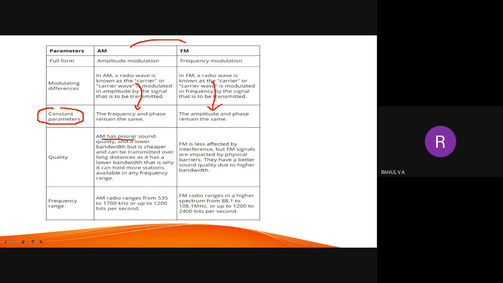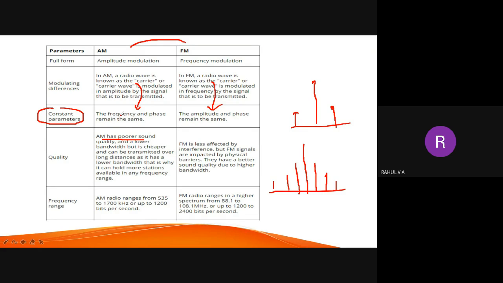AM has poorer sound quality and a lower bandwidth. We have seen that only two bands were there, the upper sideband and the lower sideband, and the magnitude is mEc by 2. But in the case of frequency modulation, we have a lot of sidebands, and the number of sidebands available depends on the value of the modulation index. If you have a radio in your home, you can tune for AM and FM.